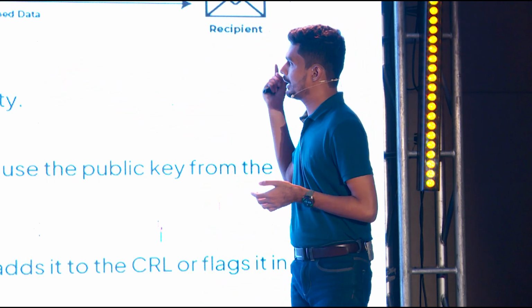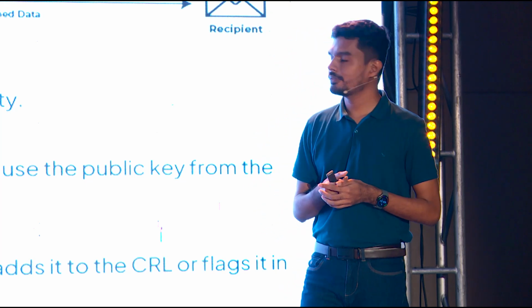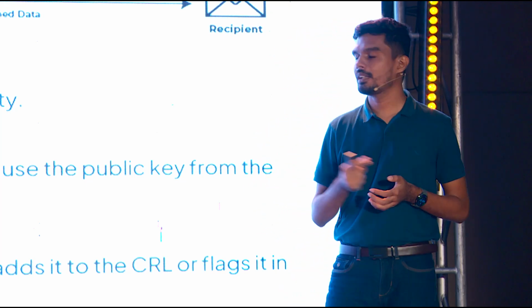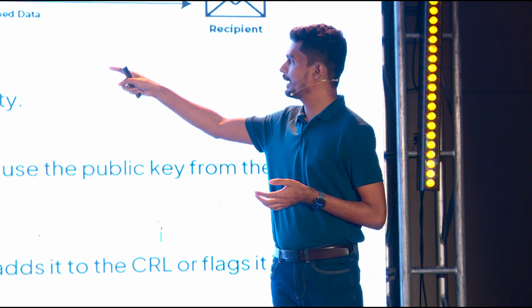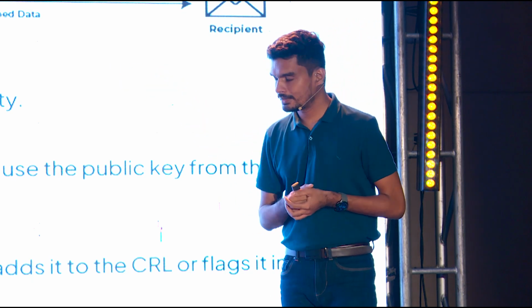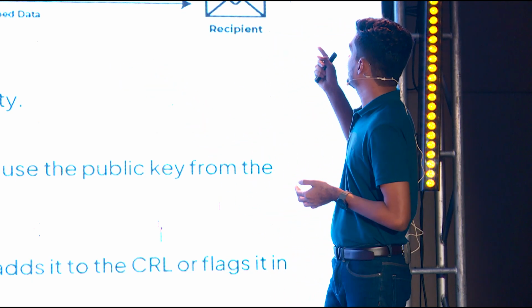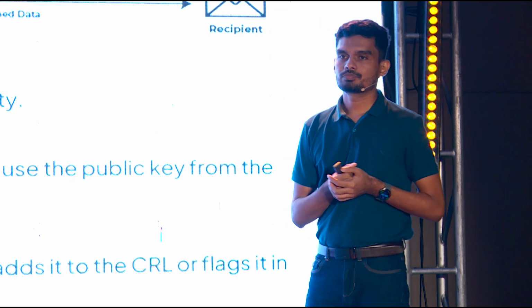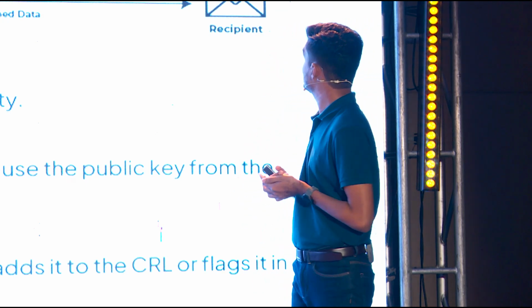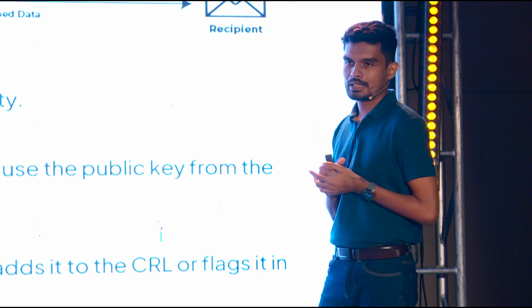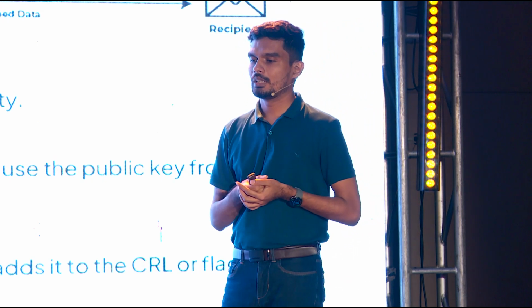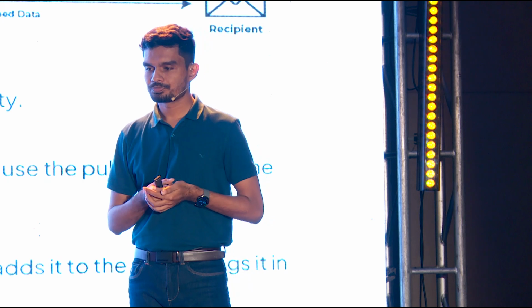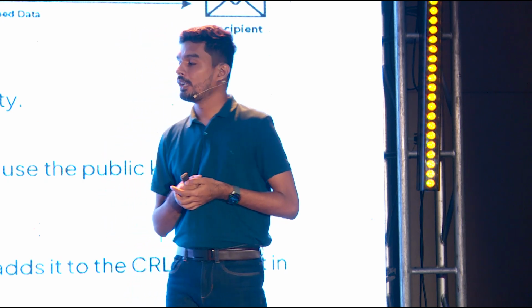Upon receiving this message, this other entity can take the public key from this entity's digital certificate, check the certificate status, and validate the signature to verify it's not altered or tampered with in the transmission.